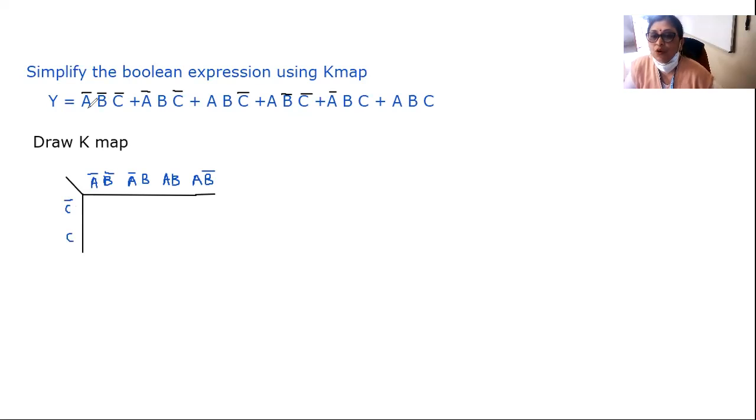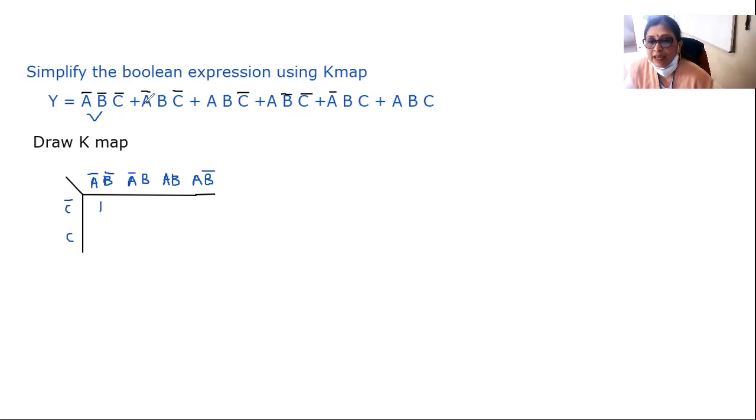Now, what we have to see is which terms are present in the Boolean expression. And for the terms which are present in the Boolean expression, in place of those terms we have to write logic 1. Okay. So this cell gives you A bar, B bar, C bar. There is A bar, B bar, C bar in the Boolean expression, and therefore I have to write 1 here.